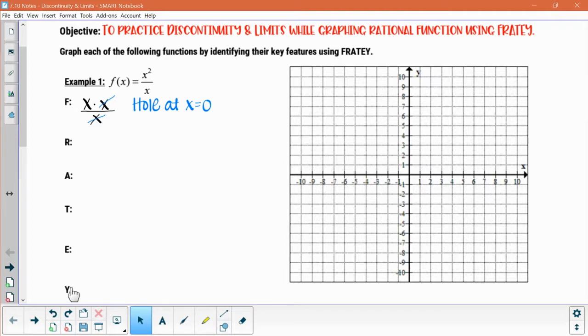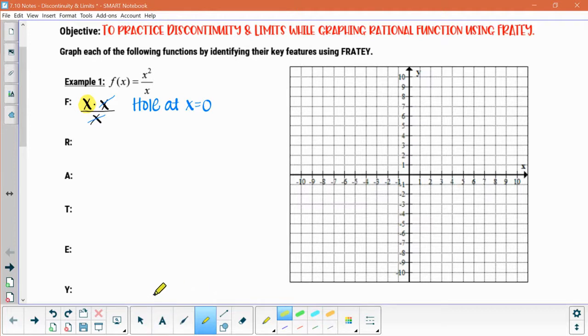So what you do is you take the factor, you set it equal to 0. Now this one's pretty easy because it's just 0. And one thing that we have to do is now that I've canceled it out, these two factors are gone. So our only problem that we would be doing Frady on is just this singular x.